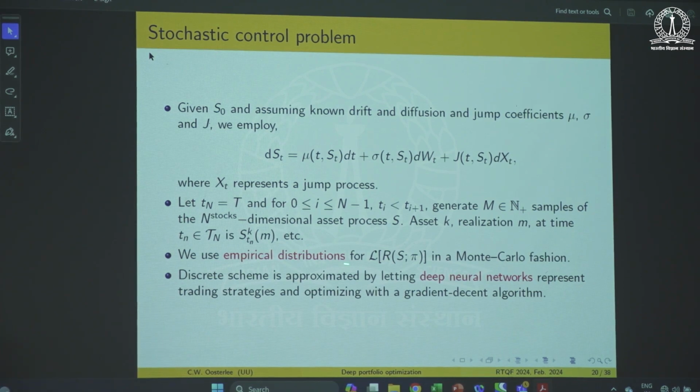We use empirical distributions for that law in a Monte Carlo fashion, and the discrete scheme is optimized by letting deep neural networks represent the trading strategies and optimizing with gradient descent.